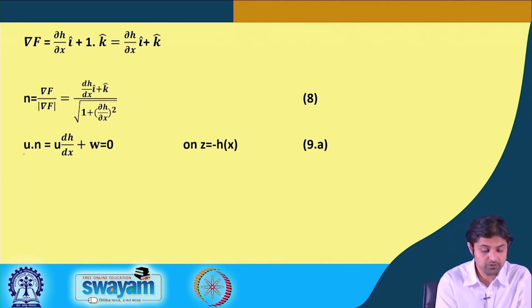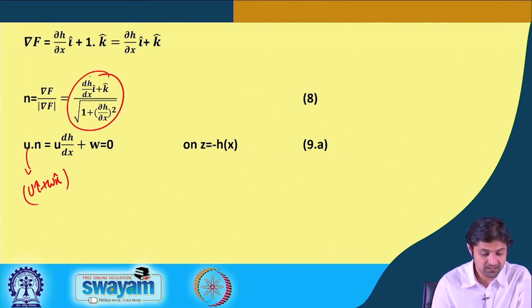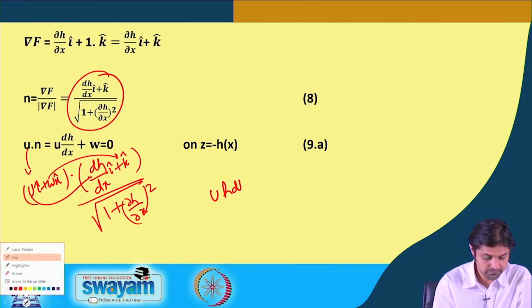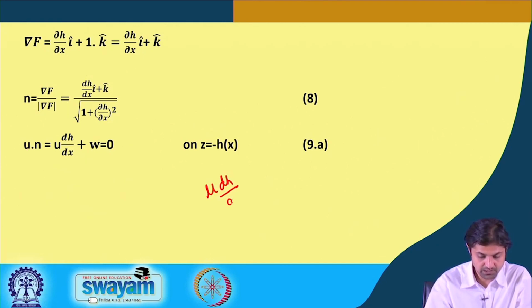And for u dot n, if we substitute u i cap plus w k cap, and n we already know, and do the dot product of u dot n, we get u dh dx plus w, divided by the square root of 1 plus dh dx whole square, is equal to 0.